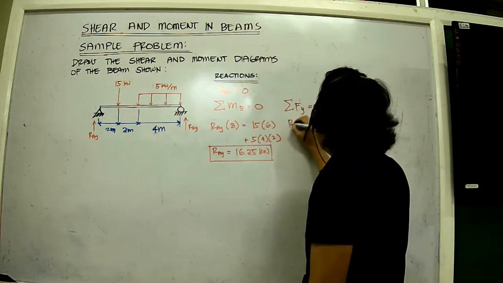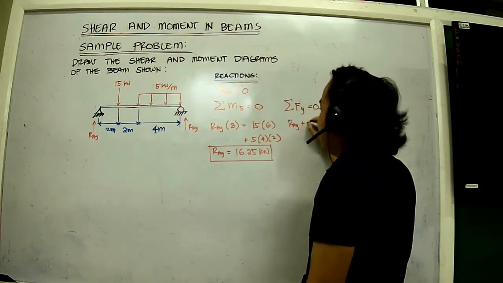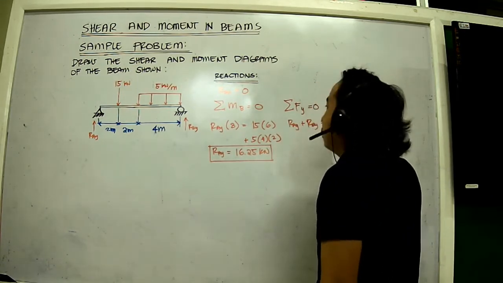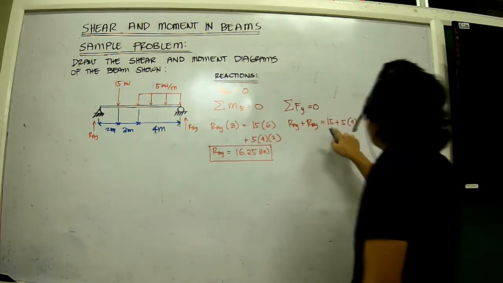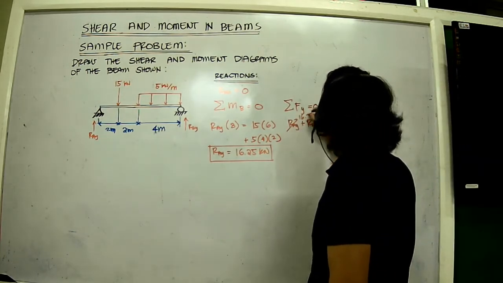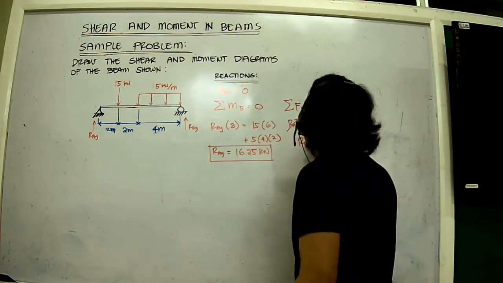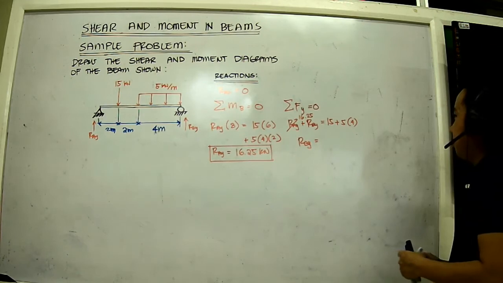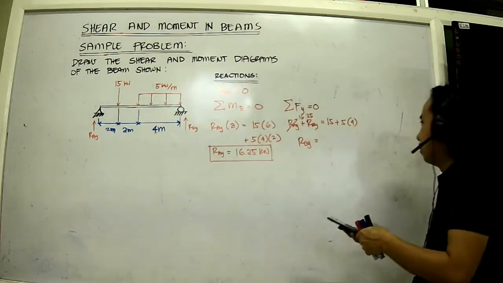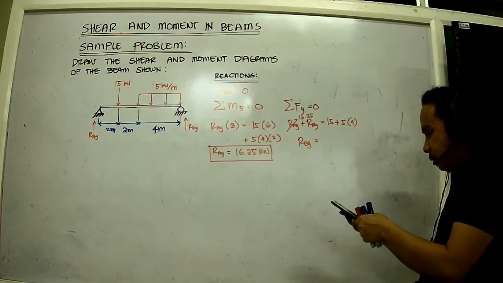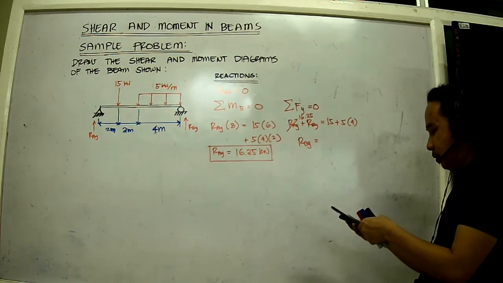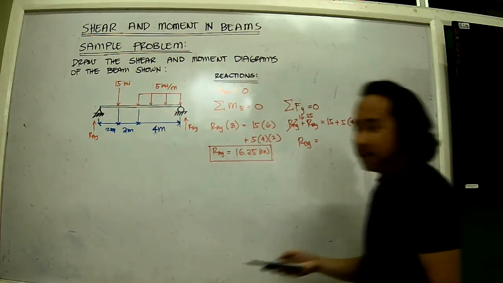We have RAY plus RBY equal to 15 plus 5 times 4, that is 35 in all. RAY is 16.25, so RBY should be equal to 15 plus 20 minus 16.25, which is 18.75.